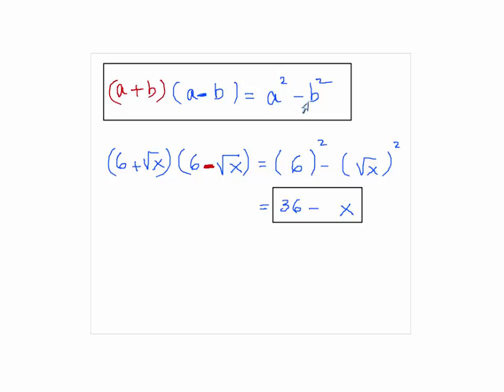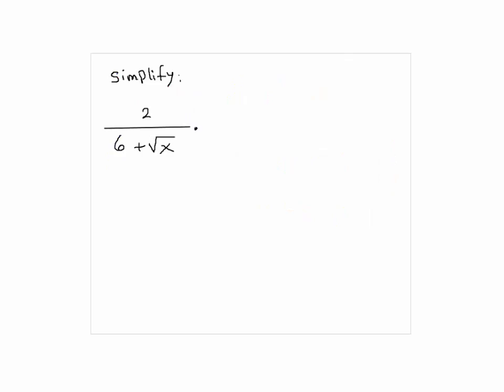That's great. Now if I go back to what I was doing here, if I multiply the top and bottom of the fraction by 6 minus radical x, then you notice that, again, a plus b times a minus b turns into a squared minus b squared.